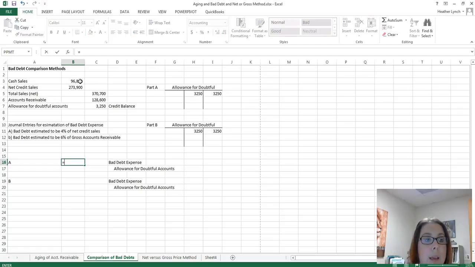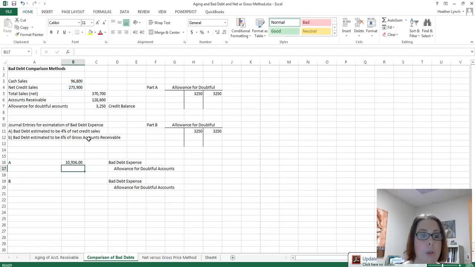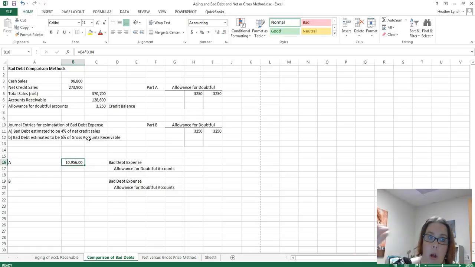So I can take my $273,900 and multiply it by 0.04. That gives me $10,956. Okay. When you're doing it based on net credit sales, I do not care what is in the allowance for doubtful accounts.